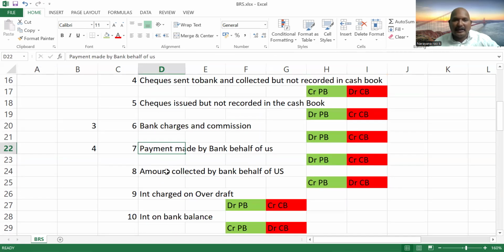Next, eighth one: the amount collected by the bank on our behalf. The bank collects amounts from different sources. For example, when we have shares or debentures and we want to receive the dividend, it will be directly deposited to our bank. When we mention the bank account at the time of purchase of shares, they will send our dividend and whatever refunds directly to our bank account.